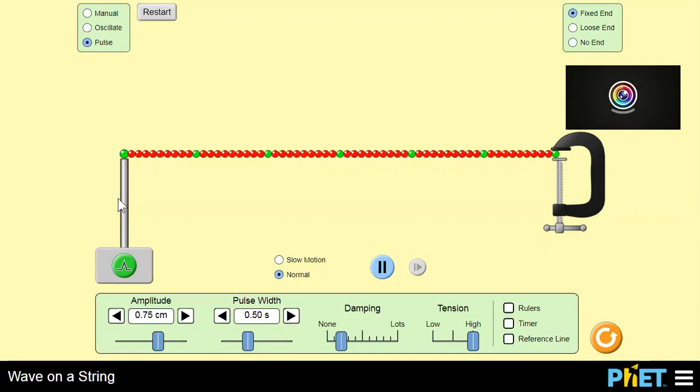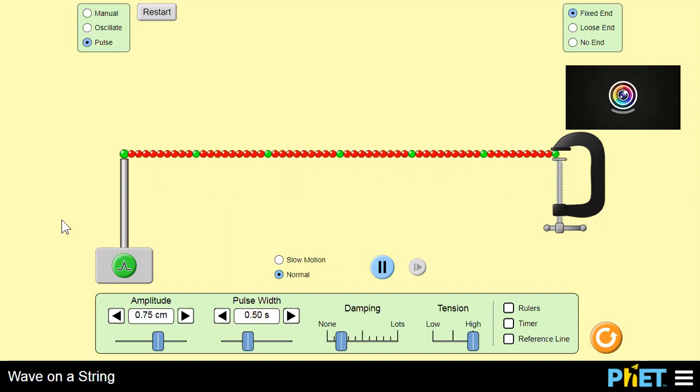I want you to see the single disturbance that occurs when a pulse is started. So if I start a pulse like that, you can see that as I did a single disturbance, the wave moved along the string, releasing energy to each and every particle along the string.